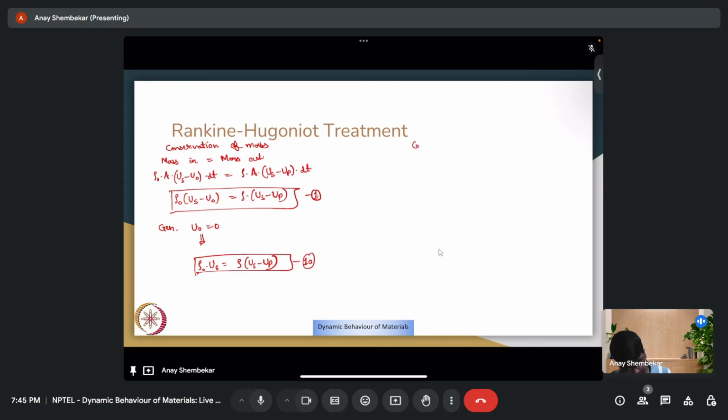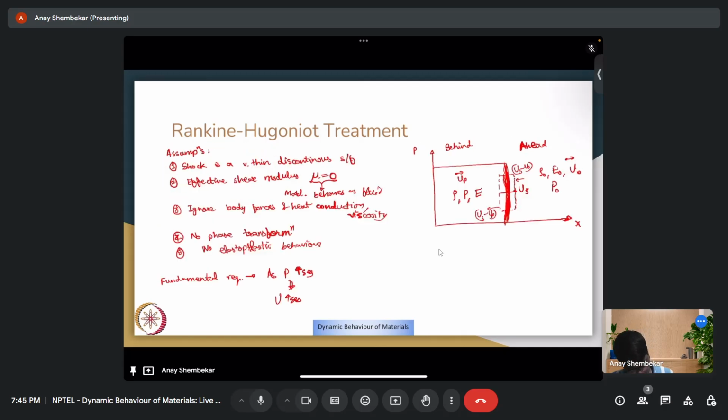Second equation is conservation of momentum. Again, we'll look back at our small control volume before and after, sorry, behind and ahead of the shock. If I draw these two rectangles, this I'll call the rectangle ahead, and this I'll call the rectangle behind, or region behind.